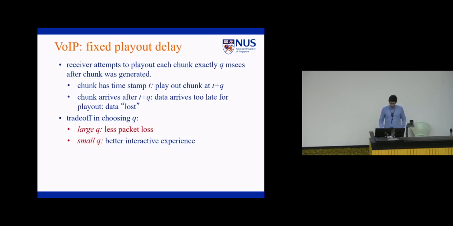Well, in this fixed playout delay, we have exactly Q milliseconds after each chunk was generated to play. So typically, the sender will attach a timestamp T, and then the playout will occur at T plus Q, right? But if the chunk arrives after T plus Q, that cannot be played, and it will just be dropped.